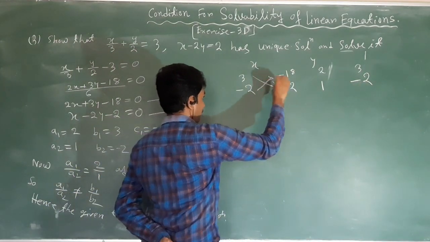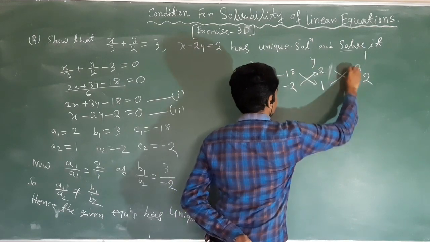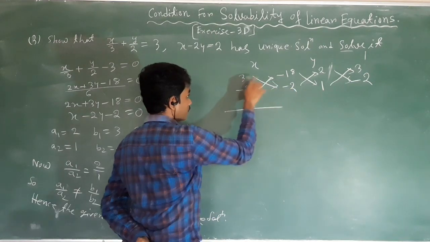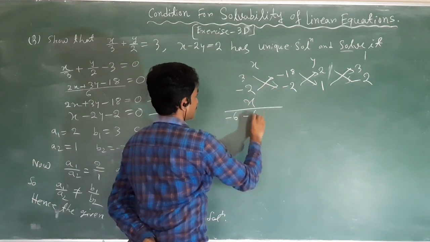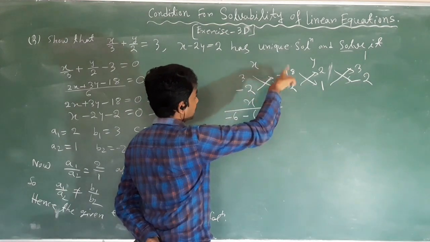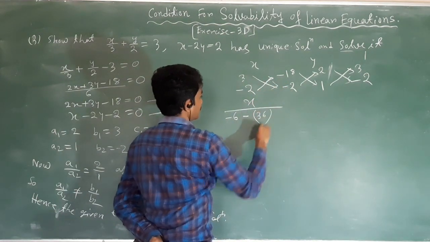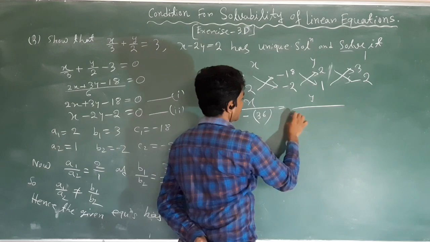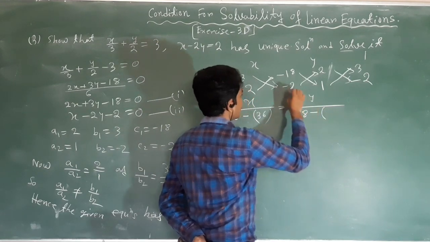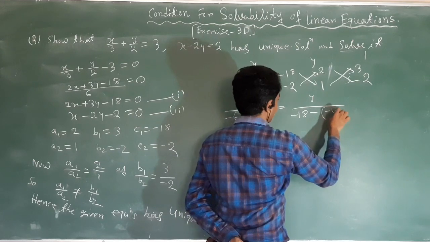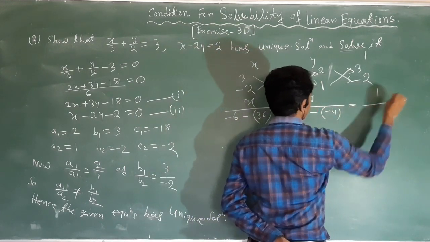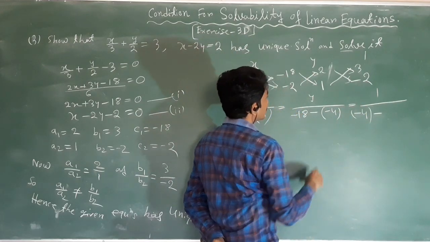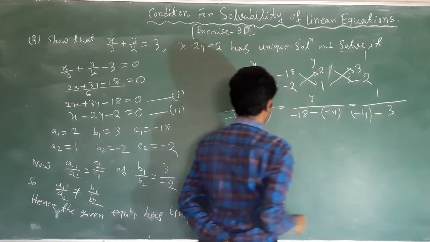Next we do cross multiplication. So x upon 3 into minus 2 minus 6, minus minus 2 into minus 18, 36, is equal to y upon minus 18 into 1 minus 18, minus 2 into 2 minus 4, is equal to 1 upon 2 into minus 2 minus 4, minus 1 into 3.